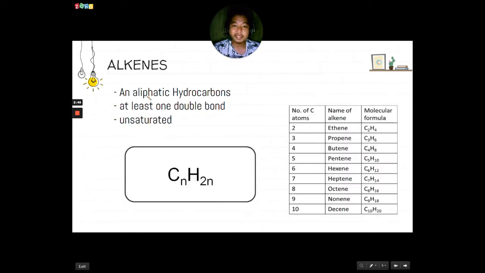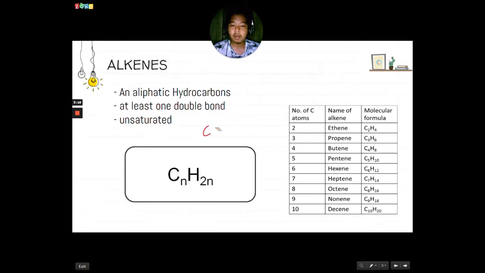We also compared alkanes and alkenes in our previous videos. We learned that alkenes are also aliphatic hydrocarbons, meaning straight-chained, and that they have at least one double bond. Because of the double bond, alkenes are unsaturated, meaning the four valence electrons are not fully satisfied, because of the double bond between carbons.